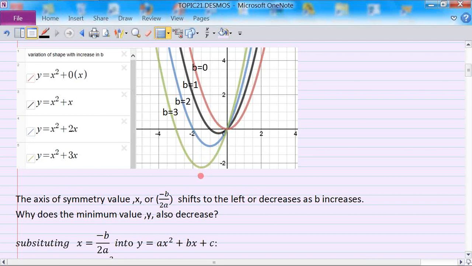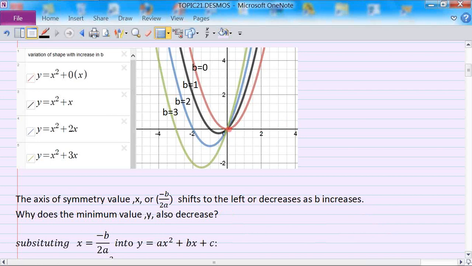And here where b equals 3, it's over there. So what happens is, as you increase the value of b, the axis of symmetry shifts to the left. It moves from here to over here. So it moves to the left. So you could also say that it decreases as b increases.